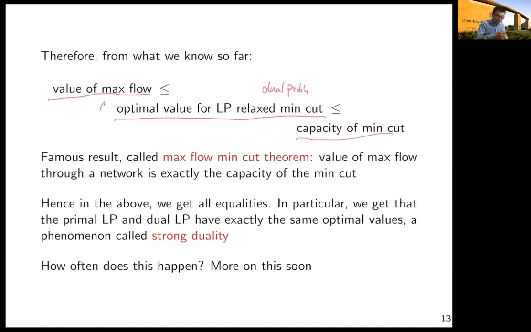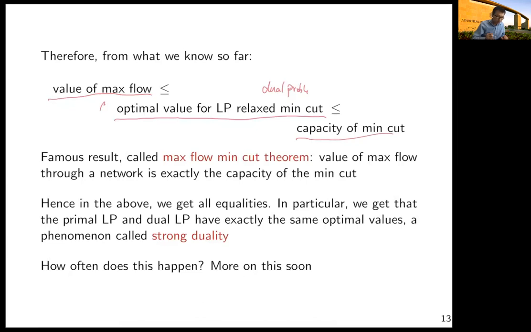That serves as a sandwich, sandwiching the optimal value of the LP relaxed min cut in between, and that implies that this inequality is actually true with equality for every single problem. So this is one instance where the primal problem and the dual problem happen to have exactly the same optimal value, and that's what we call strong duality.